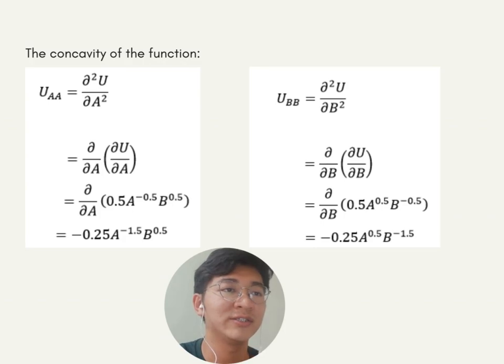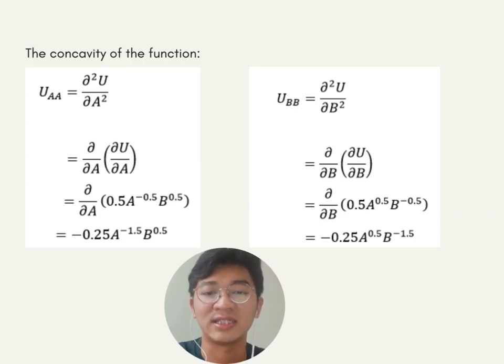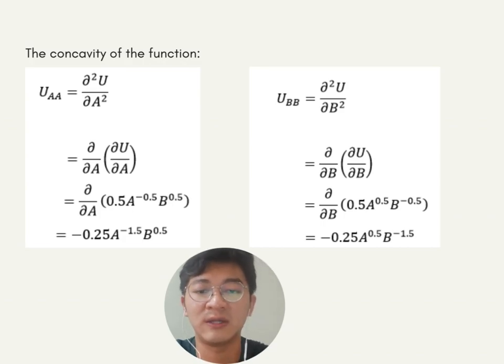So we are calculating the unmixed second order partial derivative, and we know that they are both negative values. As you can see, it's negative 0.25 at the front. Therefore, we can conclude that this restaurant shouldn't add any quality to raise, as any increase in the quality or the price will result in lower customer satisfaction.